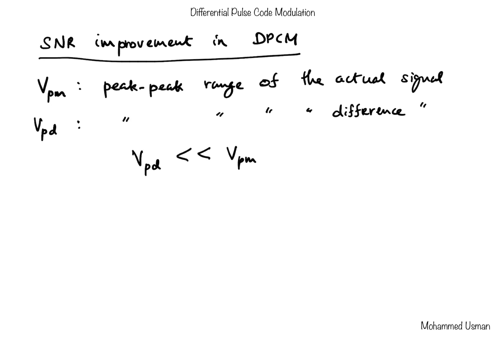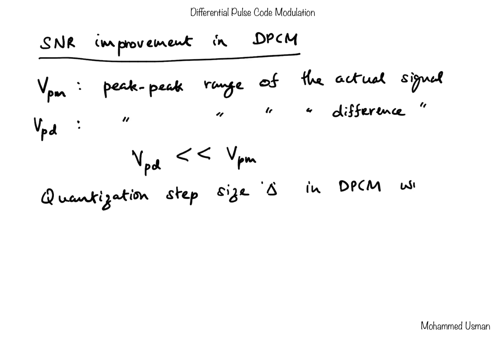So if VPD is smaller than VPM, then for a given number of quantization levels, the quantization step size delta in DPCM will be smaller by a factor VPM by VPD.